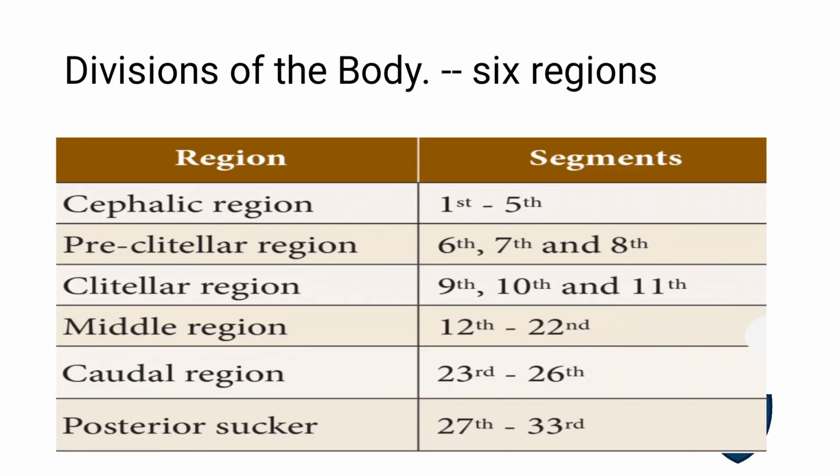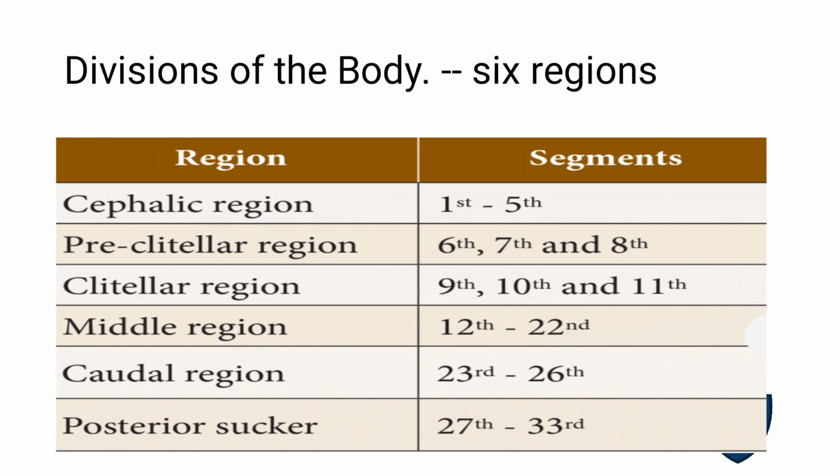Divisions of the body, with 6 regions. 1 to 5 is the cephalic region, that is the head region. 6th, 7th and 8th are the preclitellar region. 9, 10 and 11 is the clitellar region. 12th to 22nd is the middle region.